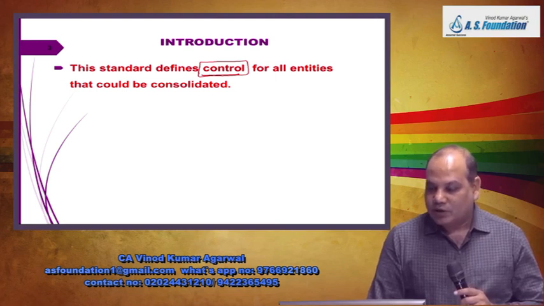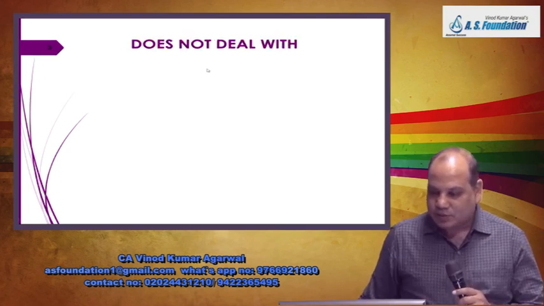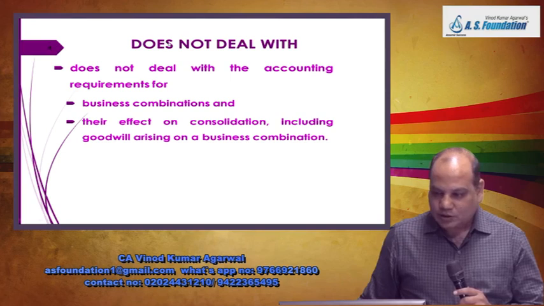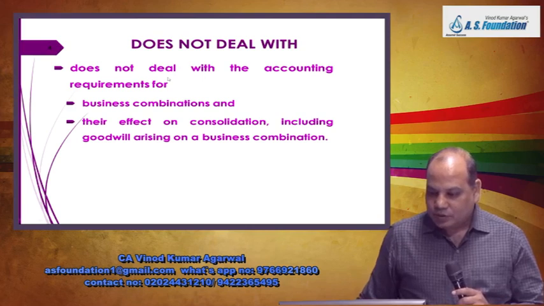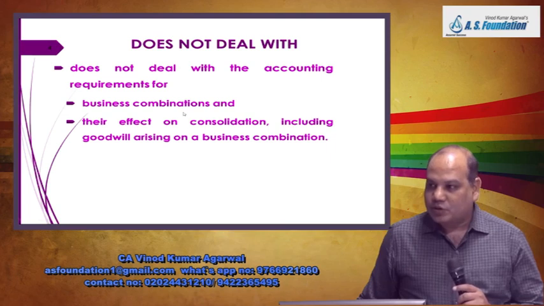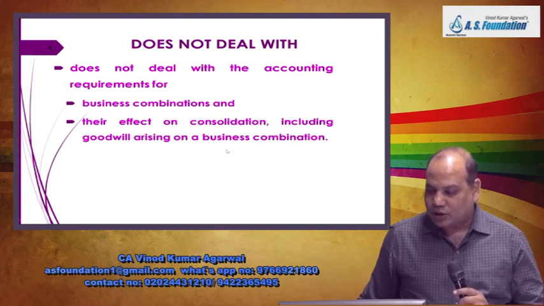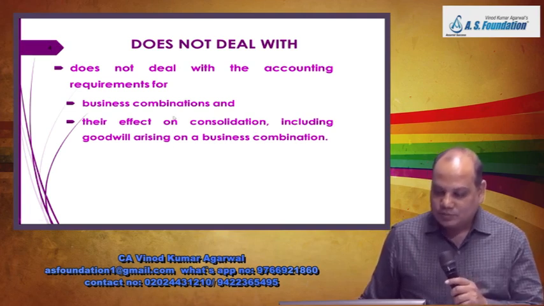This standard defines control for all entities that could be consolidated. Of course, there are some exemptions where this standard is not applicable. Like this standard is not applicable for accounting requirement for business combination and their effect on consolidation, including goodwill arising on a business combination.